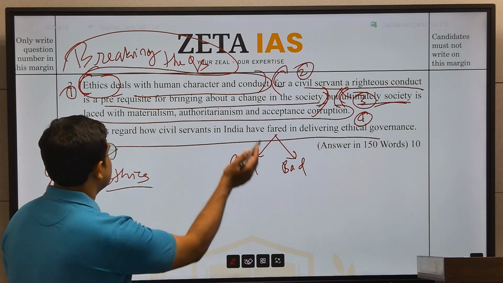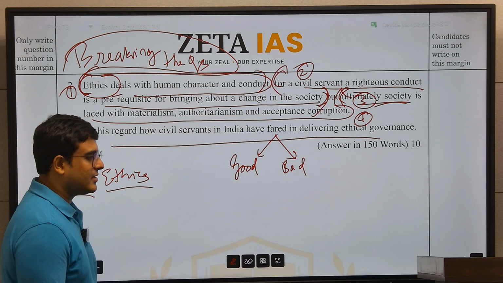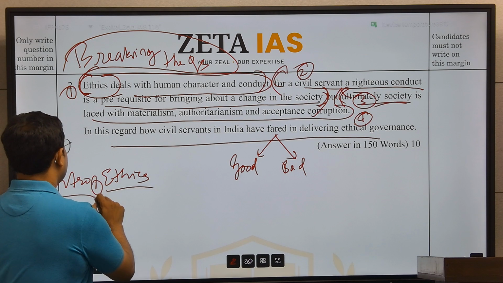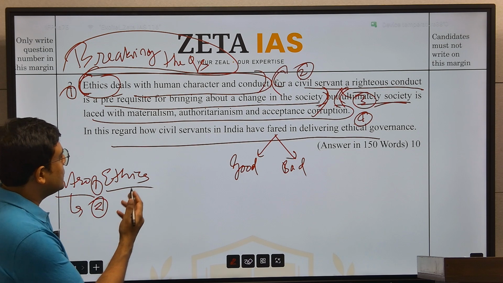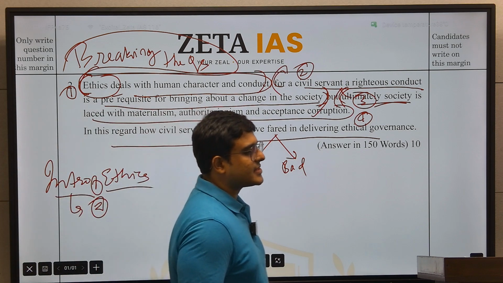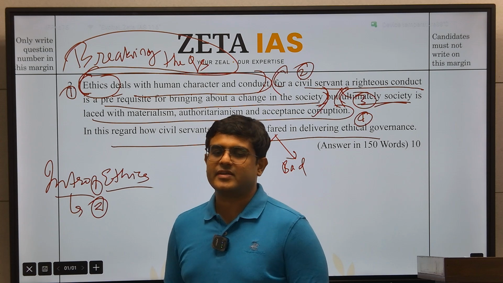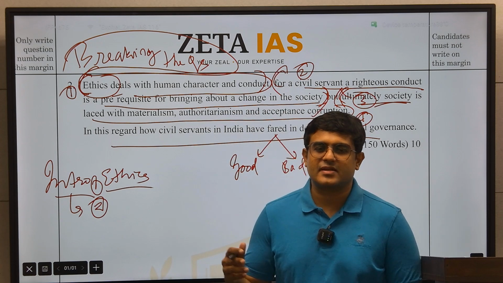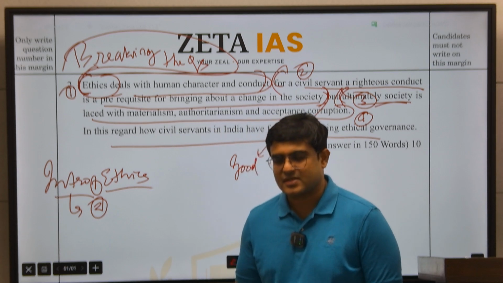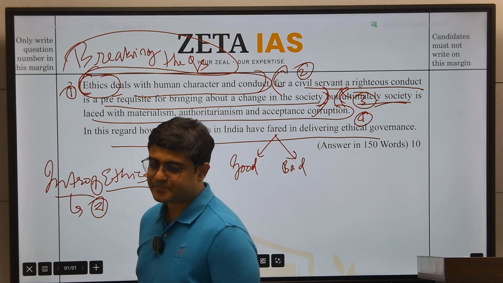The second part says righteous conduct is a prerequisite for bringing change in a society. So the second aspect you write is the connector, in one or two lines. Why is righteous conduct required for bringing change? Bringing change is a very tedious process. It needs a lot of consultation with various stakeholders. And for that to happen, first you should have some inertia to change.